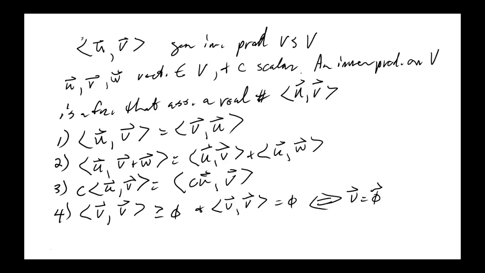The dot product of u with v plus w is the dot product of u with v plus the dot product of u with w, just like we did before. We've said all those already as we went, but you can look at this and see how they solve these.